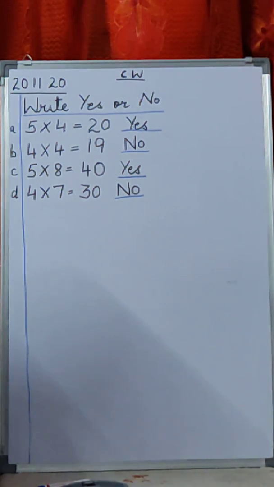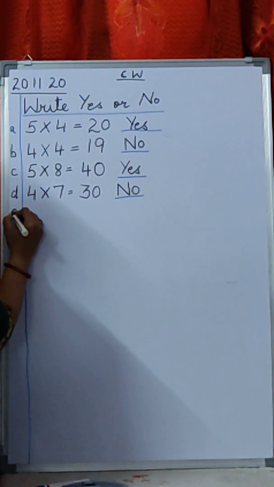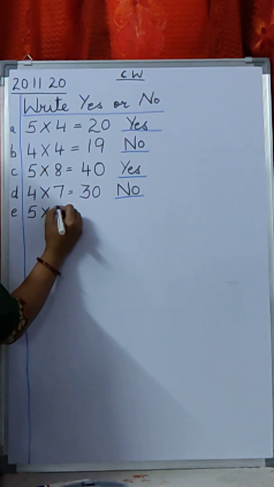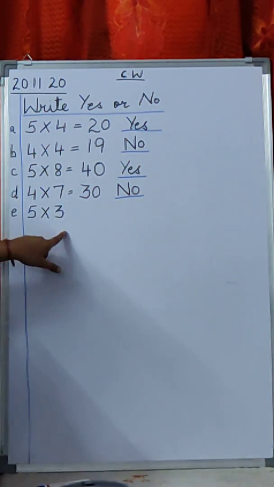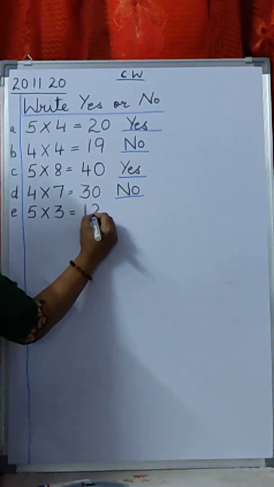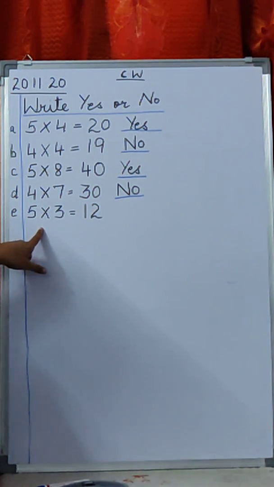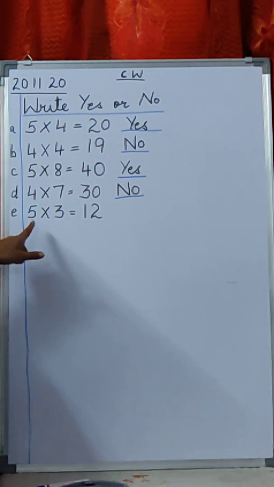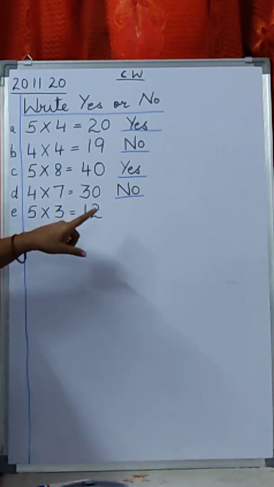Now, 5 threes are 12. Is this the right answer? No, this is not the right answer. What is 5 threes are? 5 threes are 15.